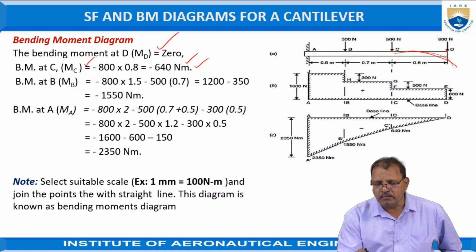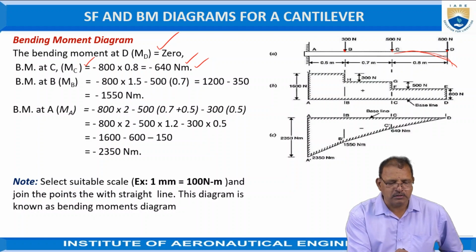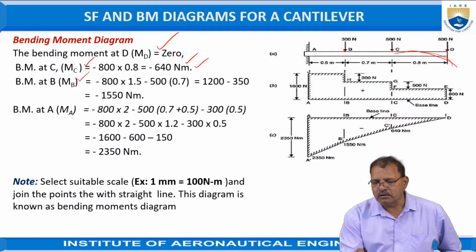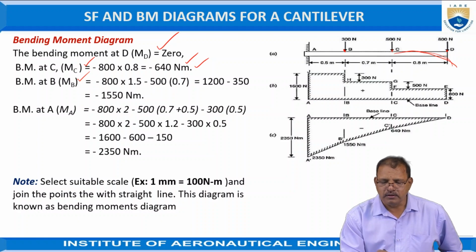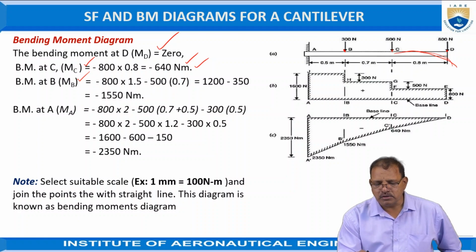Similarly, the bending moment at B, MB, is equal to the sum of the moments created by the forces acting at D and C. That means here 800 into (0.8 plus 0.7) plus 500 into 0.7.